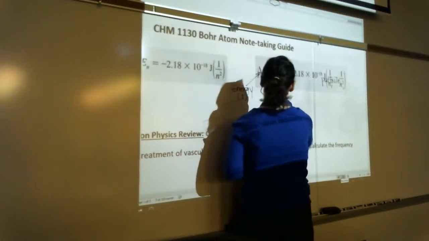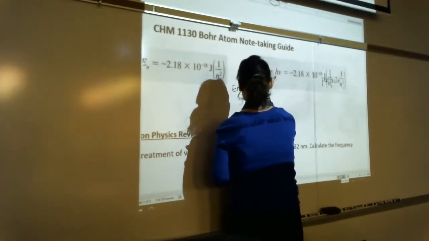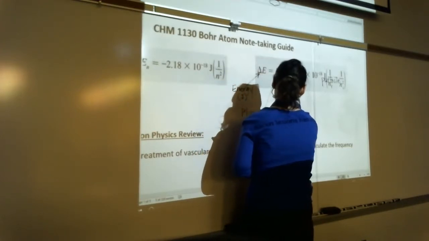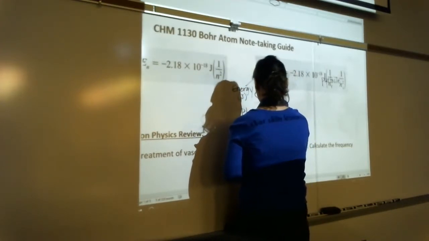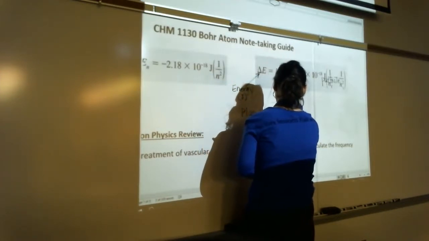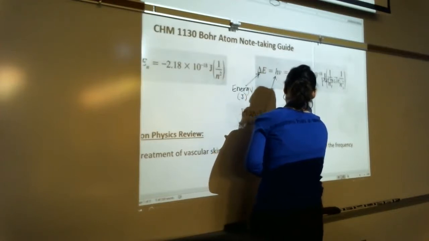This is Planck's constant, which is 6.626 times 10 to the negative 34th joule seconds.